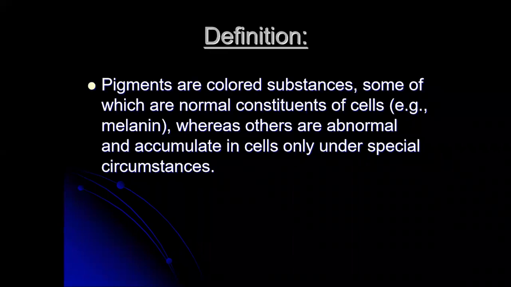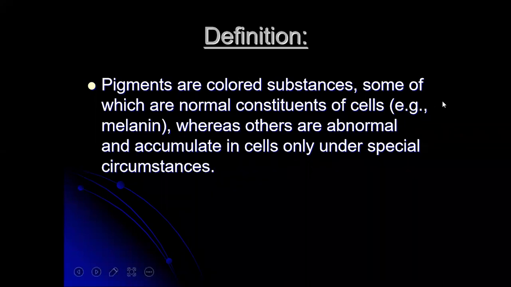So without much ado, these pigments are colored substances. These substances could be normal constituents of cells, as one of you said, melanin, whereas others are abnormal and accumulate in cells only under special circumstances. We are going to look at some of the common pigments and the rare pigments.